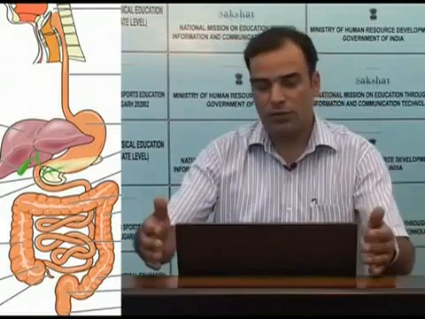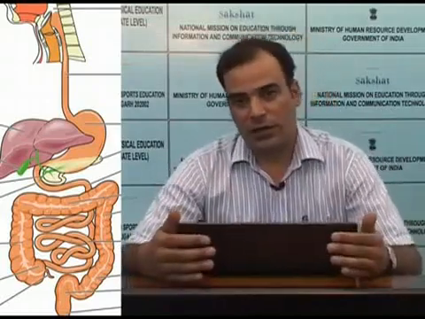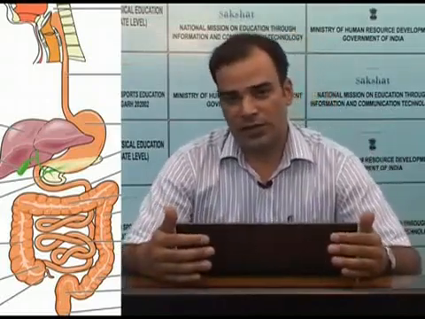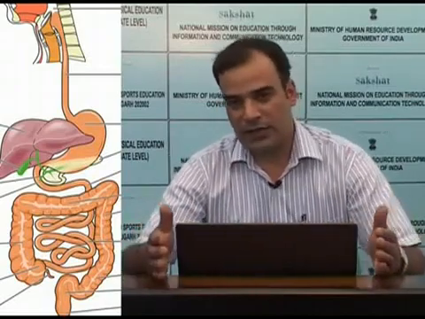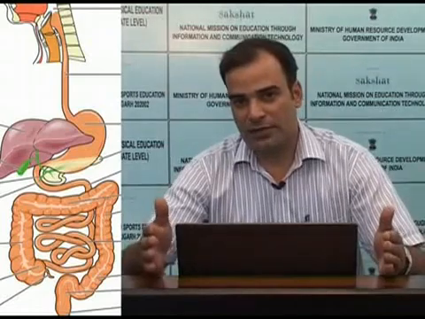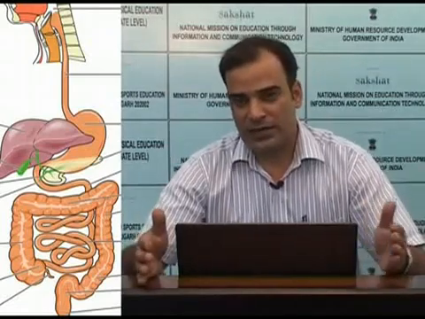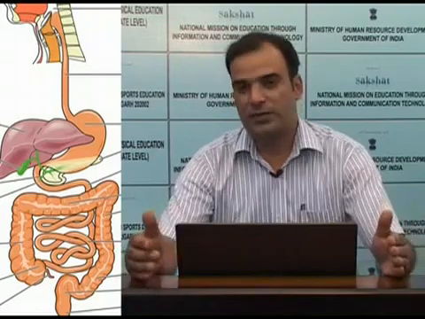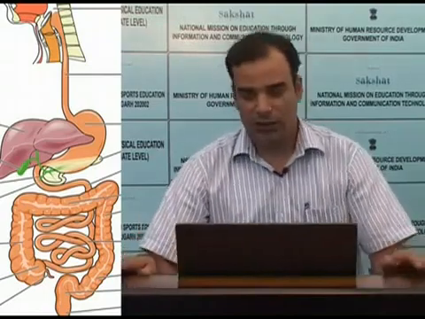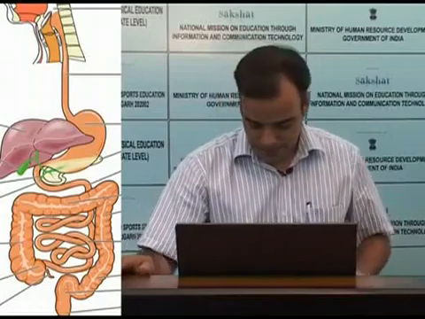Now, the second control which controls the functions of the GIT is the hormonal control. As I said earlier, GIT is controlled both by the nervous system and the endocrine system. We have discussed the nervous system. Now we will be discussing the endocrine system, that is the hormones that control the functions of the GIT.